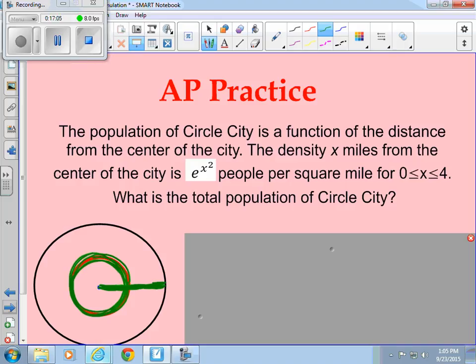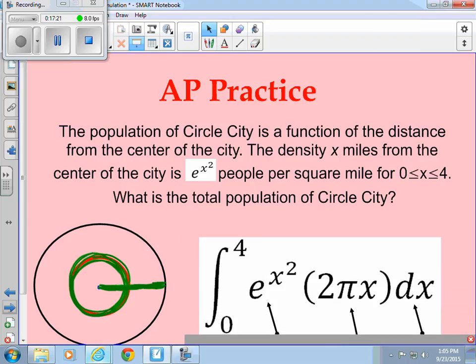Density is just people per square mile. If I take the whole circle around that and get the area, we would have to do that times the e to the x squared.